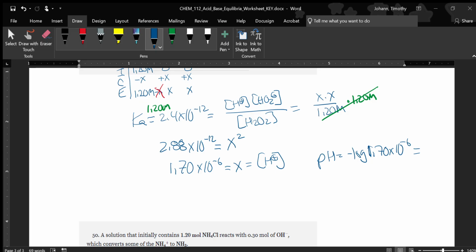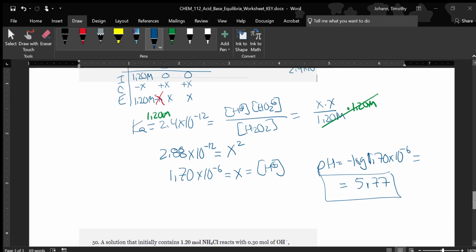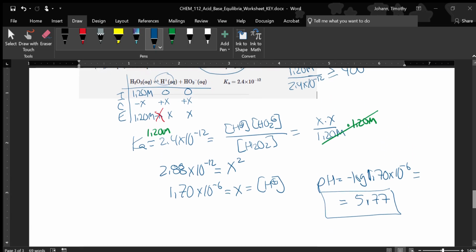Log. Okay, and that tells me the pH is equal to 5.77. Okay, that's one of my answers. My other answer was the ice table, right, because it asked for that. And then it wants the percent ionization.